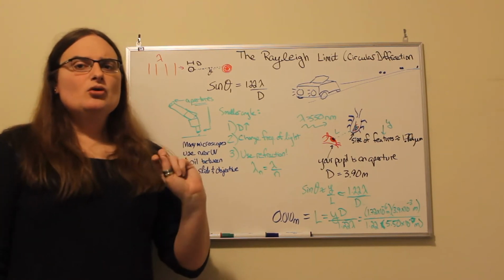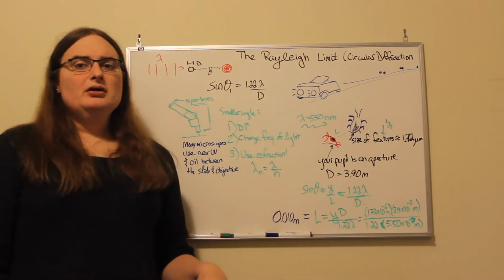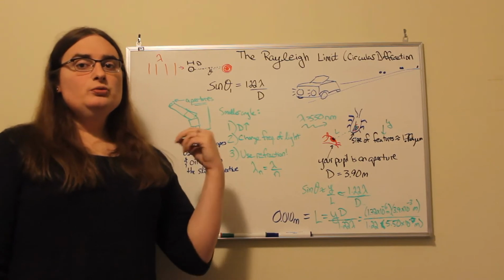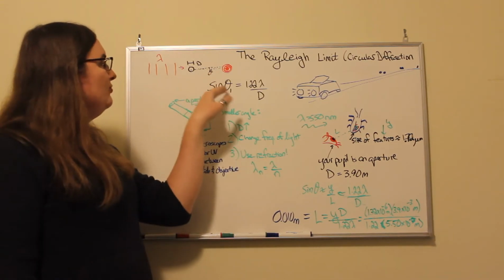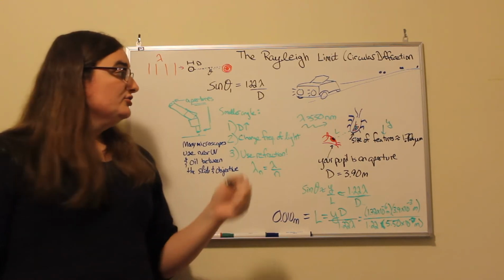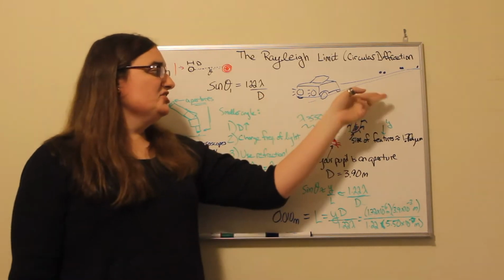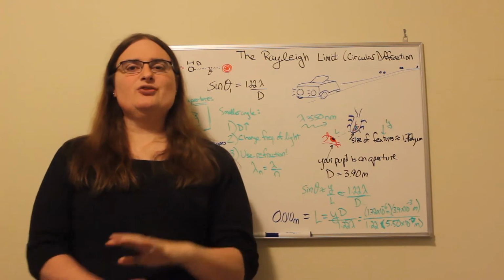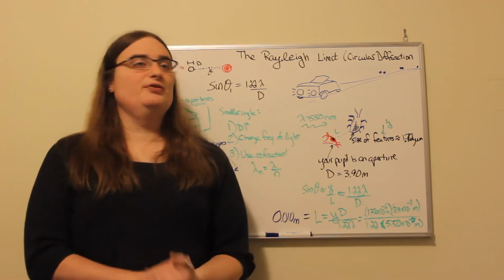Now, with the Rayleigh limit, if 2 points of light happen to be within that angular limit, they're going to blend together. So for an example of that, imagine a car driving towards you on an incredibly long, flat stretch of road.